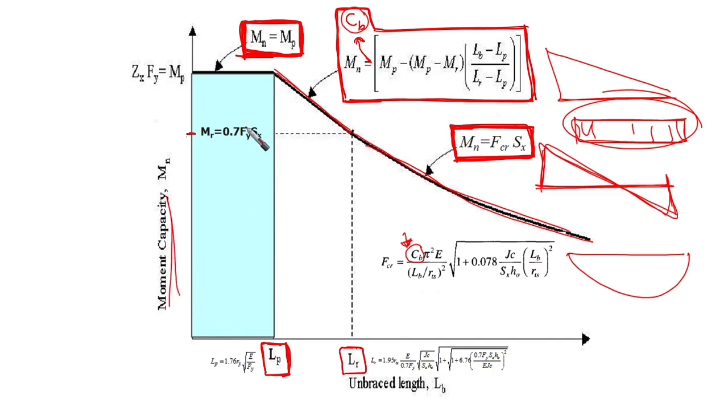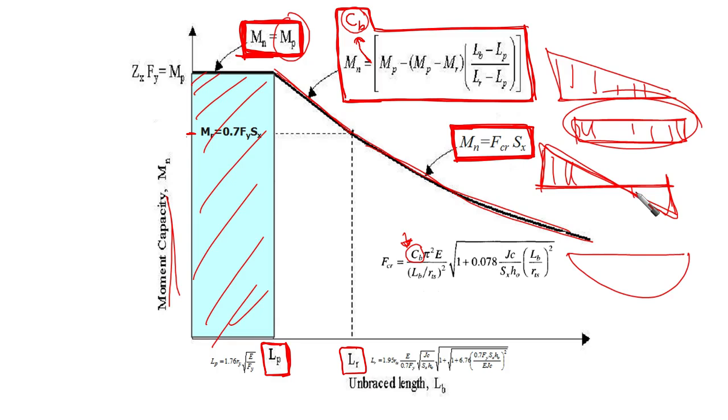However, in the part related to the plastic moment, we found only MP. It has nothing to do with the moment gradient. We do not care about the shape of the moment along the element.